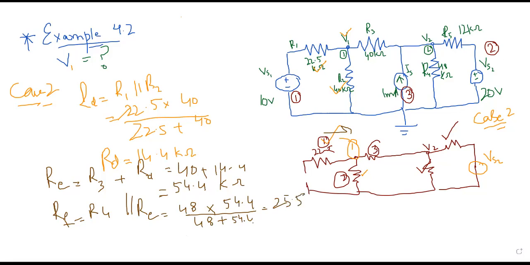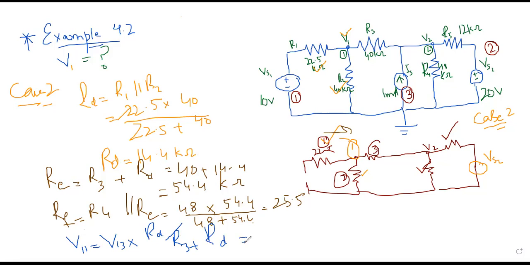So now according to the voltage divider method, I have to find that V11, that is V1, for this case. It must be V11 equals V13 multiplied by RD upon R3 plus RD.